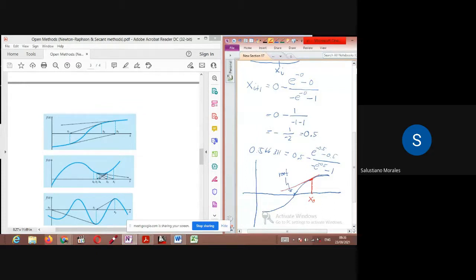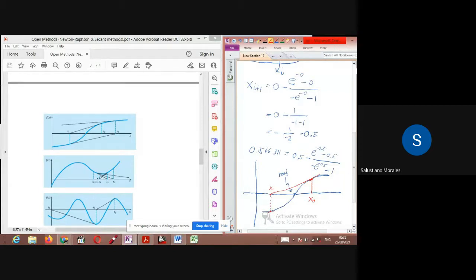That tangent line should be extended until it crosses the x-axis. So assuming the crossing now is this one, so maybe x1, then we will draw again a tangent line at the point x1 and f of x1.